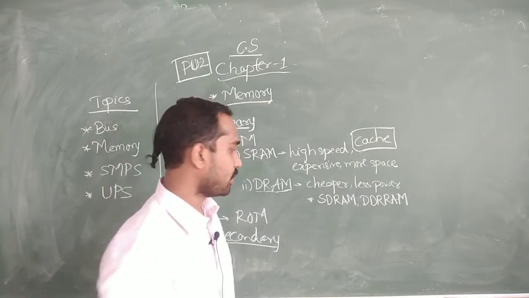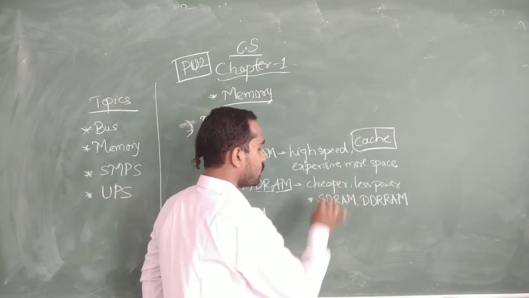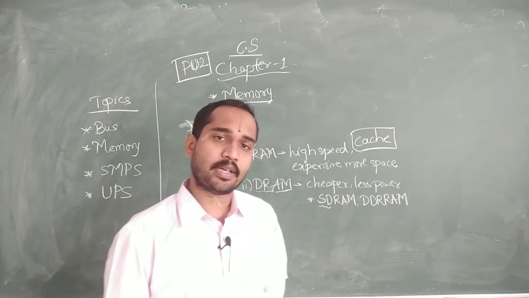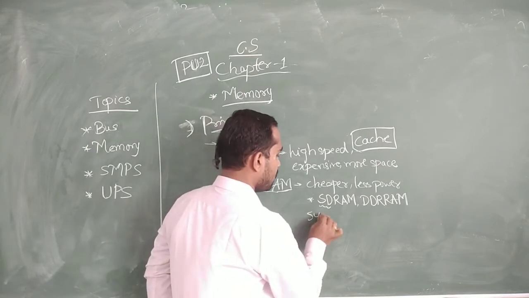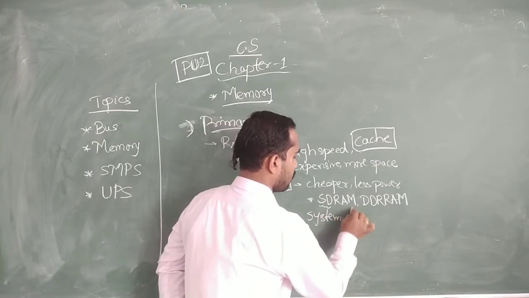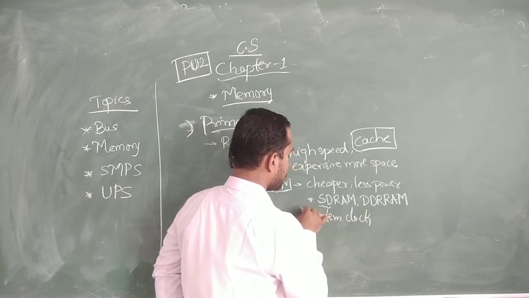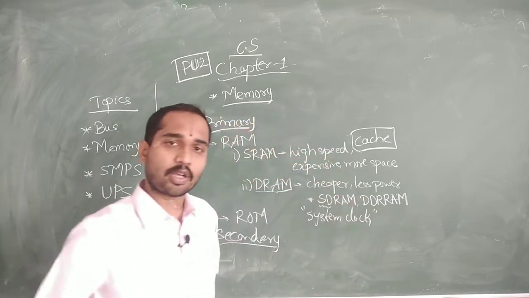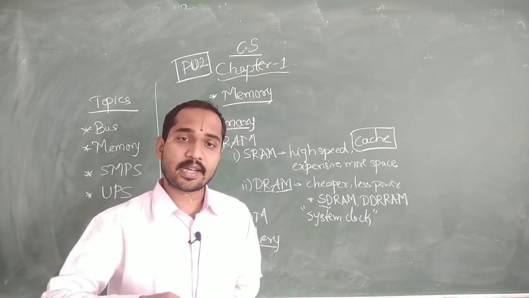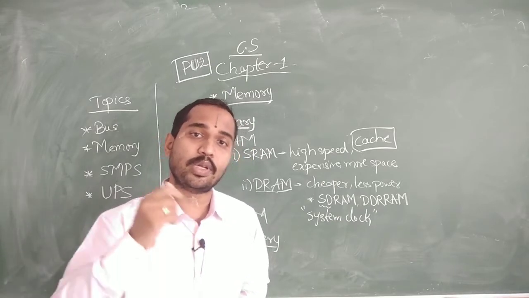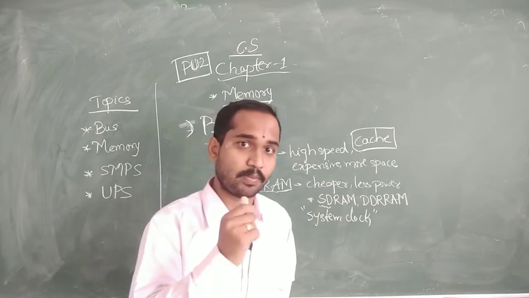Double data rate. Why do you say this as synchronous dynamic RAM? It is always synchronized with the system clock. Means it is understanding when the next signal is going to come and what data has to be sent.